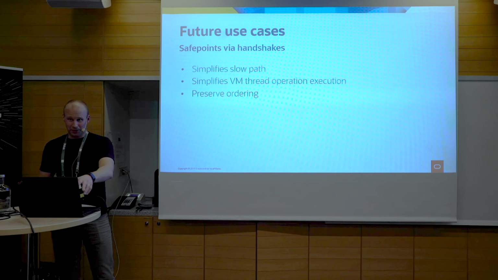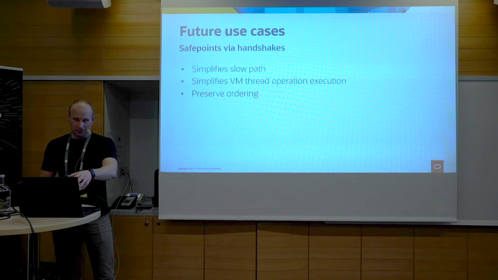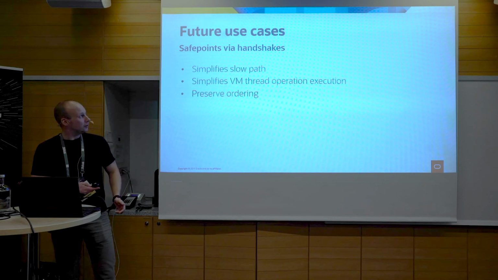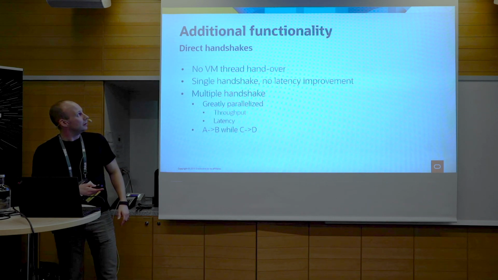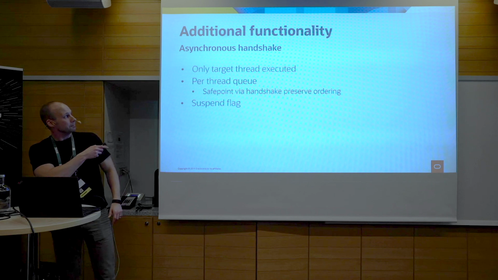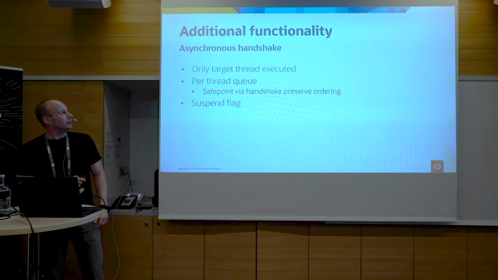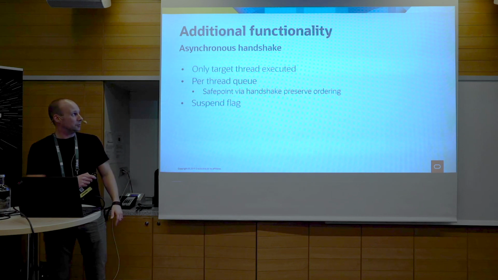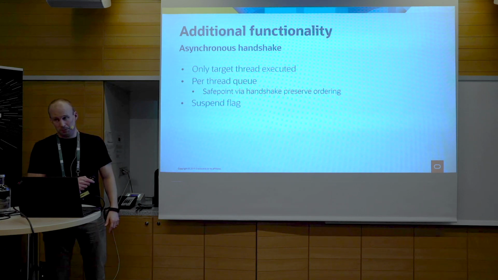We have some concern about ordering. Right now, if we would add this guy, asynchronous handshakes. Right now we only have synchronous handshakes. If we add this one, we need a per thread queue.